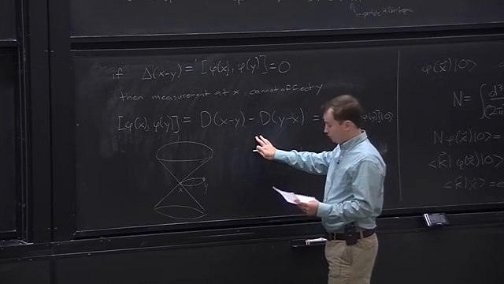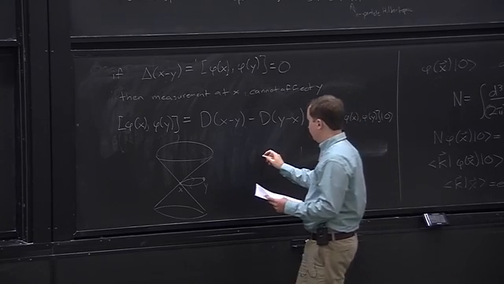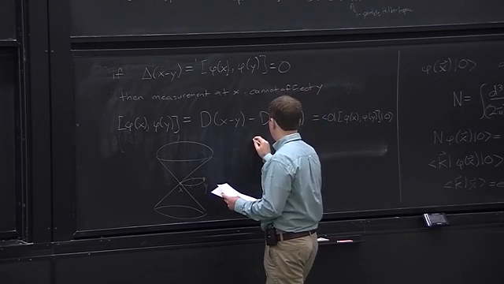Okay. So yeah, the claim is that this commutator is 0, and we can see that just by writing out a result.